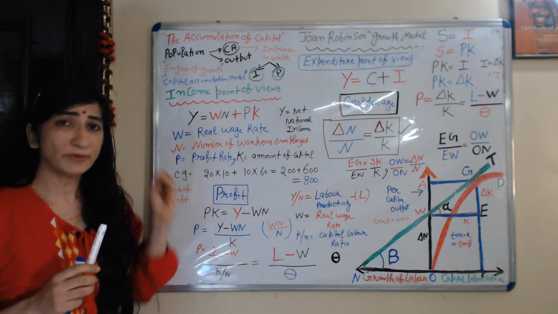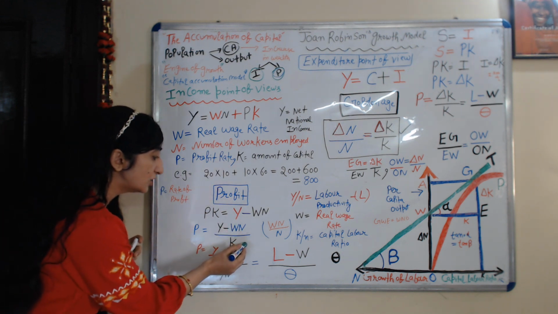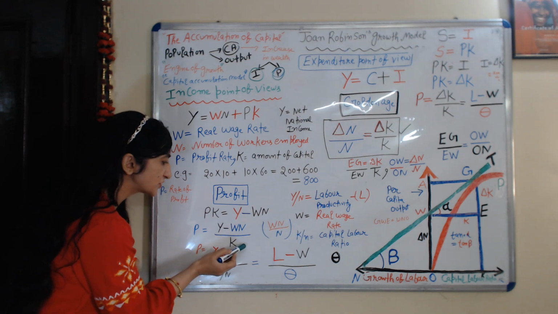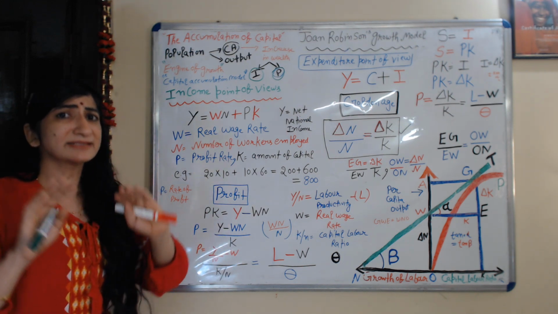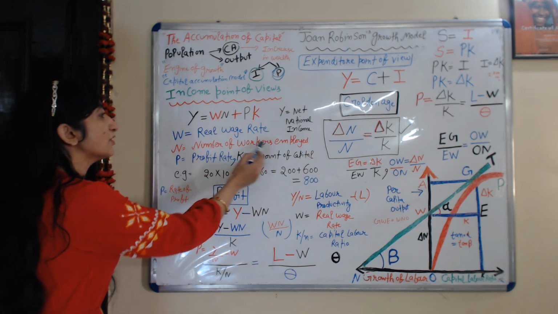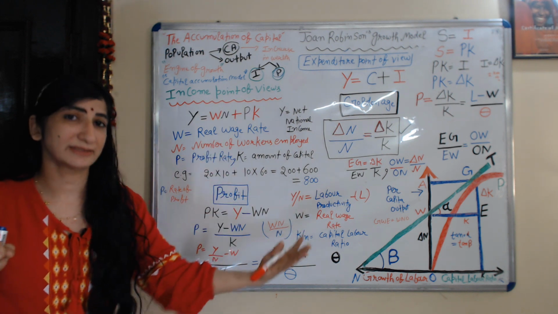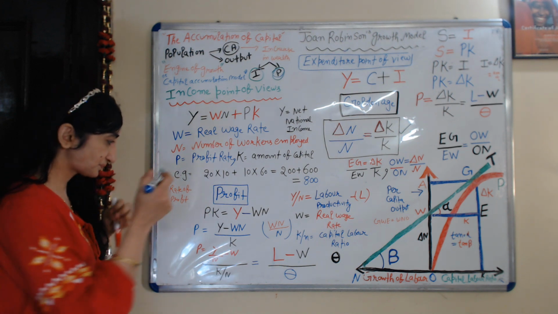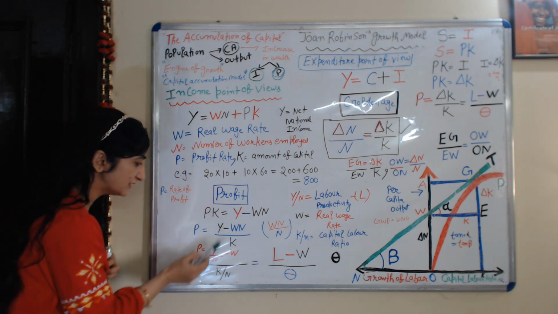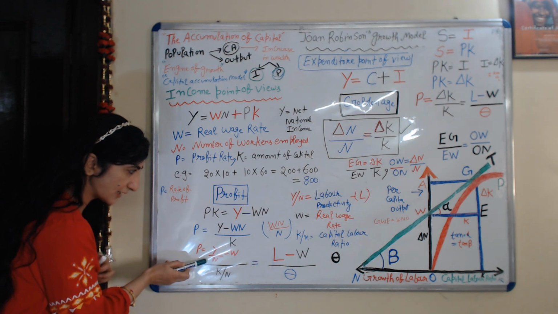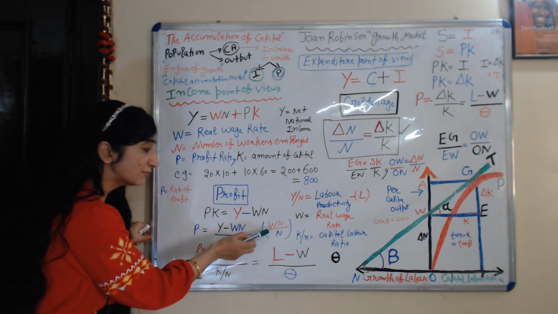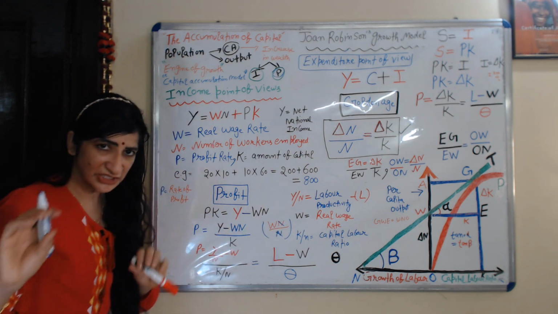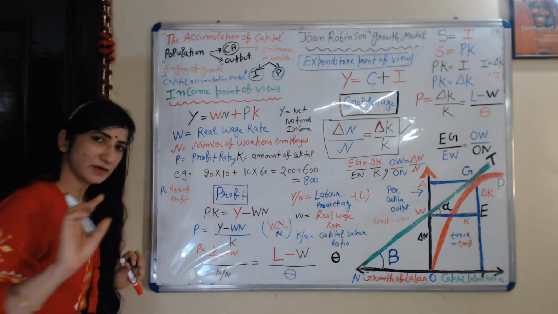Now we divide the upper and lower portions with N. N is the number of workers employed, as we discussed earlier. When we divide Y with N, it becomes Y over N. When we divide WN with N, the N's cancel each other and W remains alone.